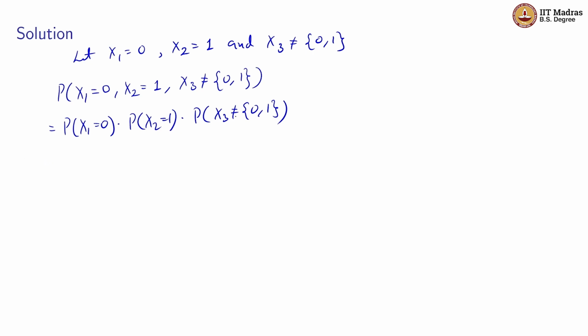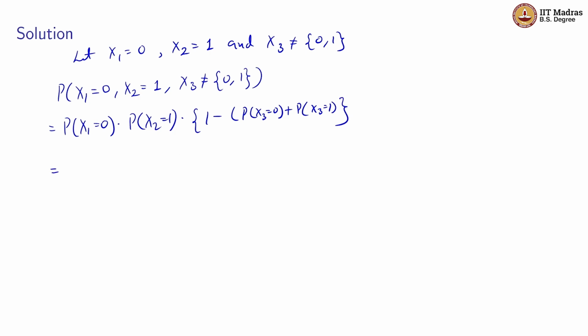And the probability that x3 is not equal to 0 and 1 can be written as 1 minus the probability that x3 is equal to 0 plus the probability that x3 is equal to 1.